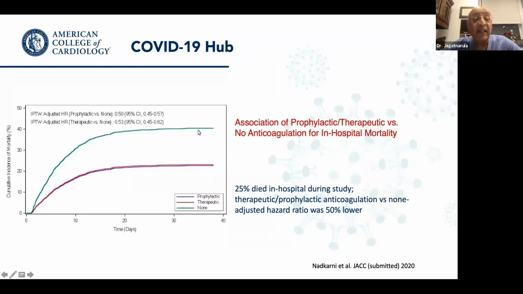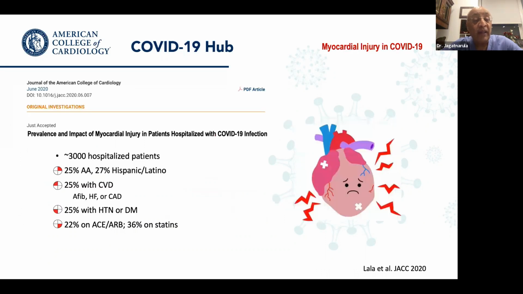The study demonstrated a 50% hazard ratio reduction in the subjects who were receiving either the prophylactic or the therapeutic doses of anticoagulation.